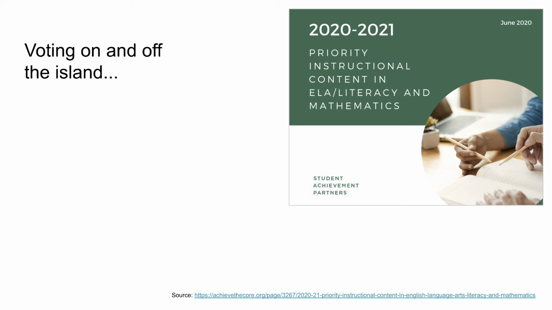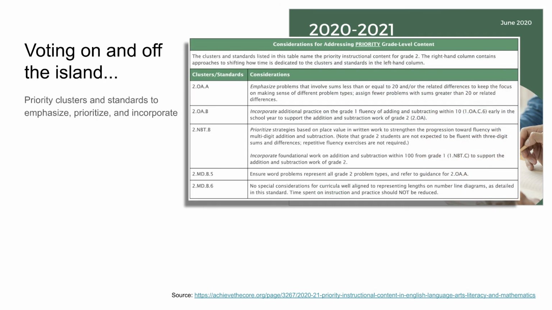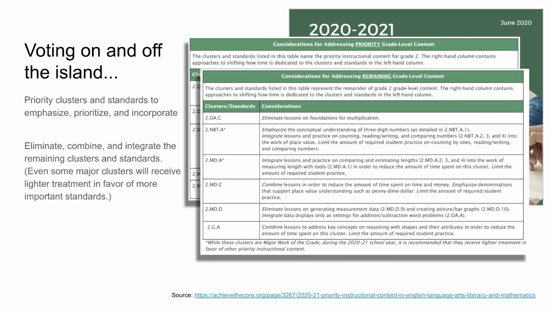It helps us identify the priority clusters and standards and domains that they're calling priority standards, but these are the essential standards, not just essential. It's the few essential standards that we are going to teach. And then it helps us identify which standards are leftovers.